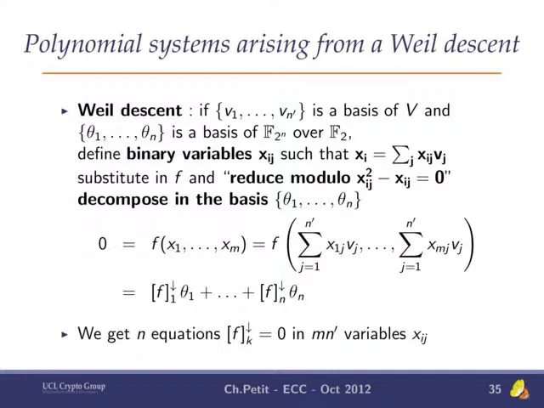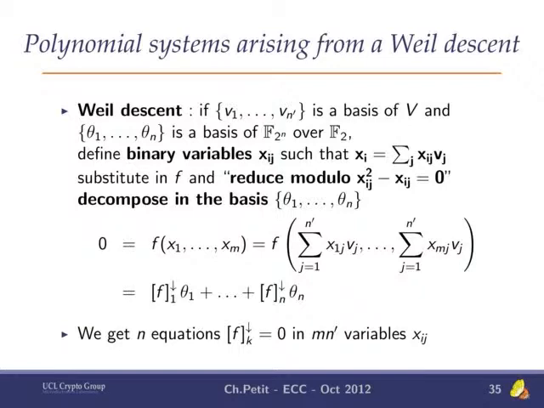I substitute that in the polynomial f here, and then I reduce modulo the field equation. Since x_ij belongs to F2, we know that x_ij squared is equal to x_ij. So I reduce modulo this equation, and I get an equation over F2 to the n that I decompose in the basis theta1 up to theta n.